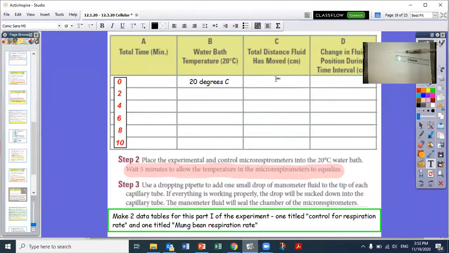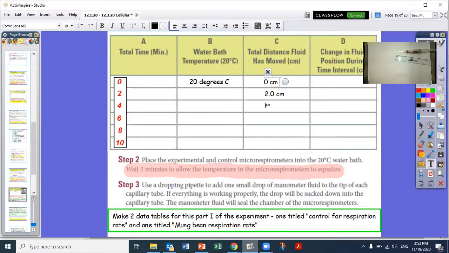And if you're handwriting it, it's a lot easier. So the total distance that the fluid has moved in centimeters for this first one is going to be 2.0 centimeters. And I say 2.0 because we were pretty much exactly on the dot for 2 centimeters. Oh, sorry. This would be for the second minute. For here, obviously, for the 0 time point, it's going to be 0 centimeters because we shouldn't have moved yet. Right?